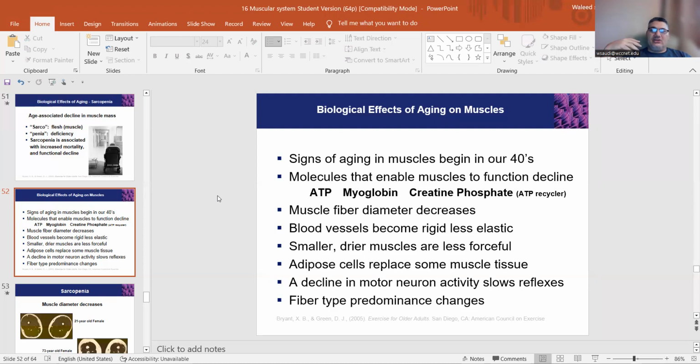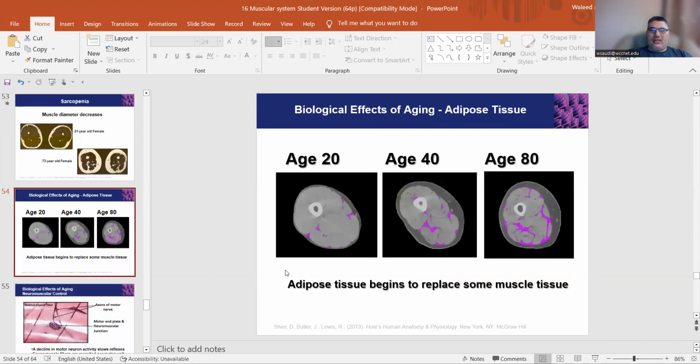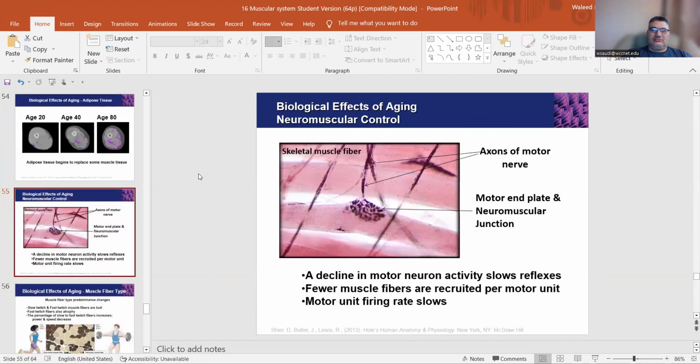That's why you should have extras in that form. Sarcopenia, penia means weak. Look how the muscle diameter is big, it shrinks. At 40, it starts to shrink. At 80, it's even more.